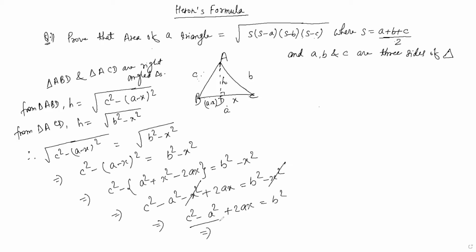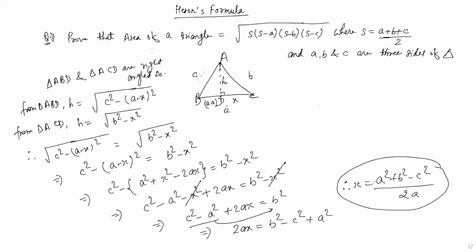Now we will take this to the right side, so we get 2ax equal to b square minus c square plus a square. Hence x will be equal to a square plus b square minus c square divided by 2a.